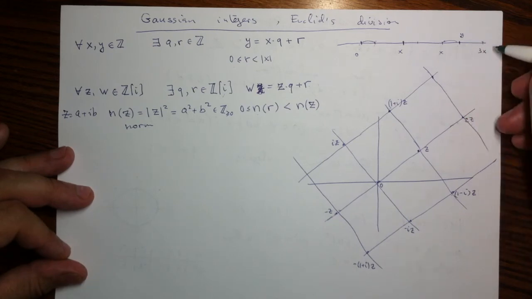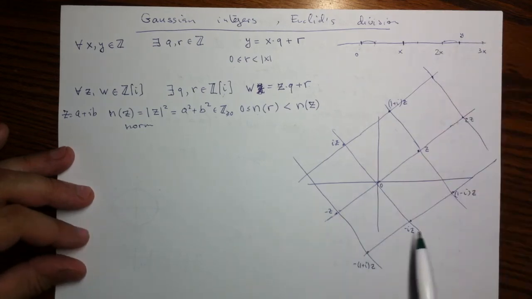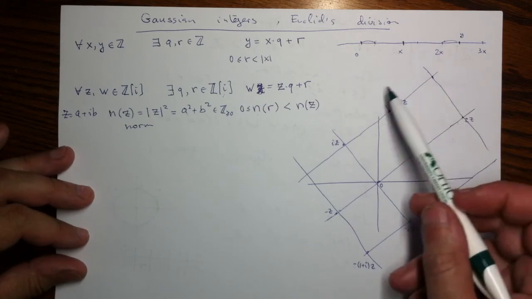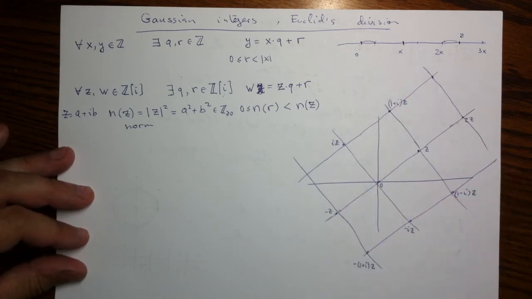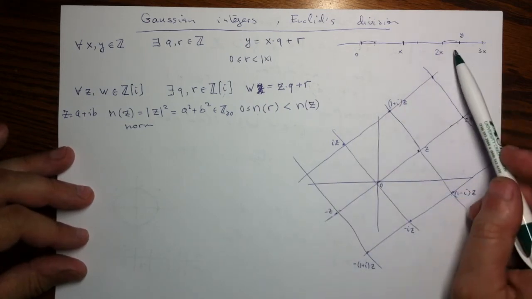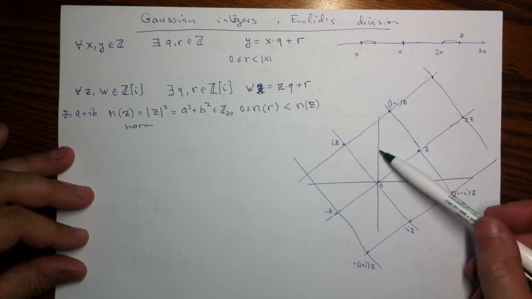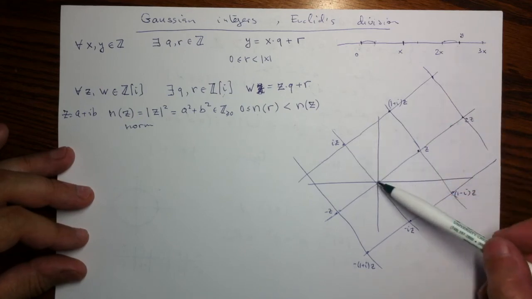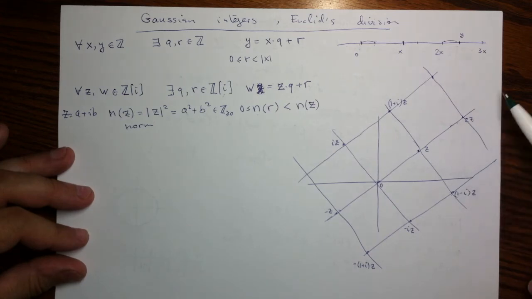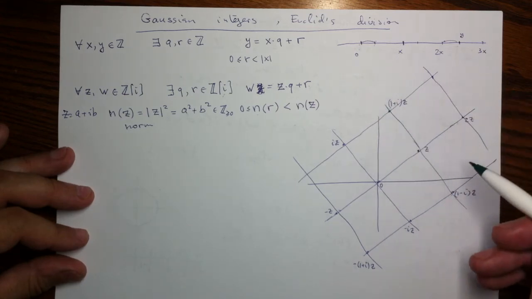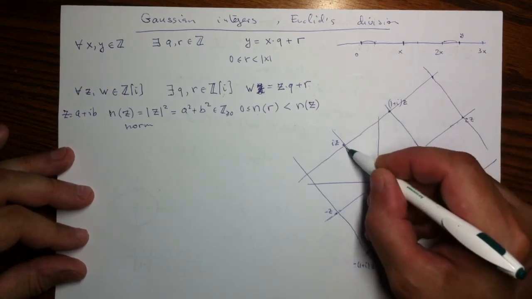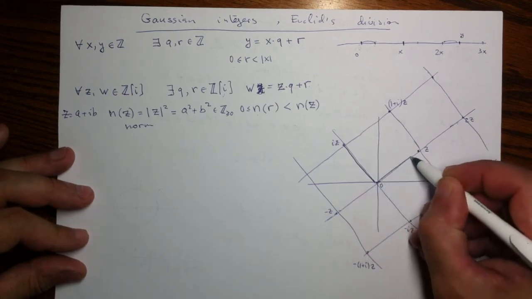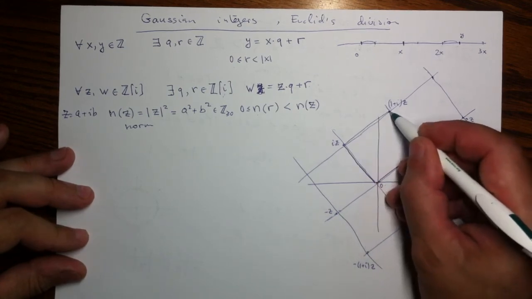So that is supposed to be 2x, right? Integer multiples of x, and here we have Gaussian integer multiples of z. The same argument we used before, by translating by this step or this step, we can bring any number on the plane down to, say, one region. Let's fix this square where we can bring anything in.